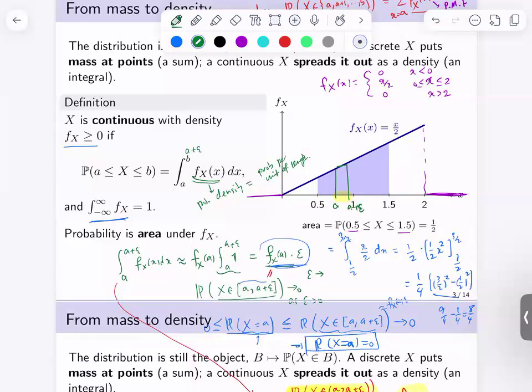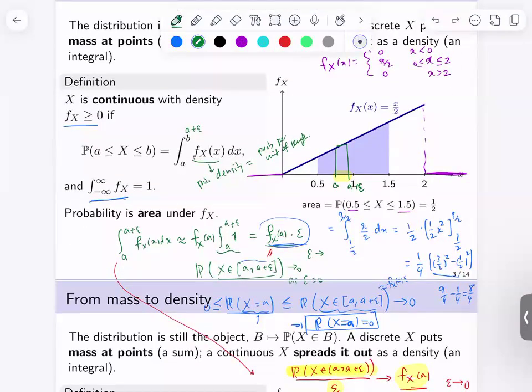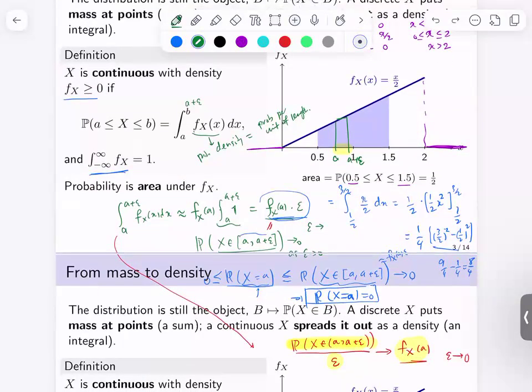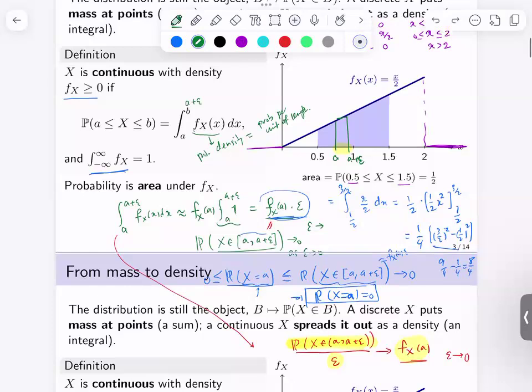If you want to obtain the probability that the random variable is between A and B, you integrate the function over that interval. That function is called the probability density function. The interpretation is that the probability that x lies in a small interval, a to a plus epsilon, is roughly equal to f of a times the length of that interval, epsilon.